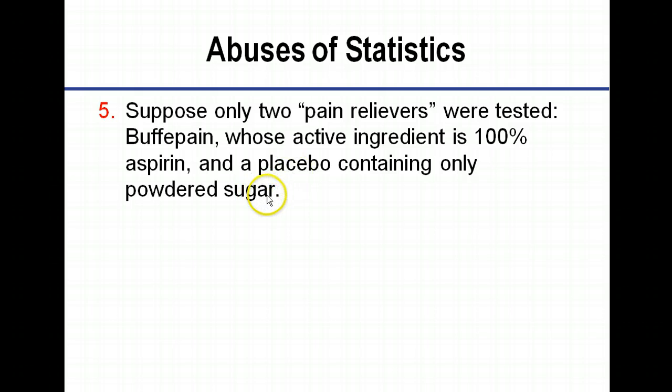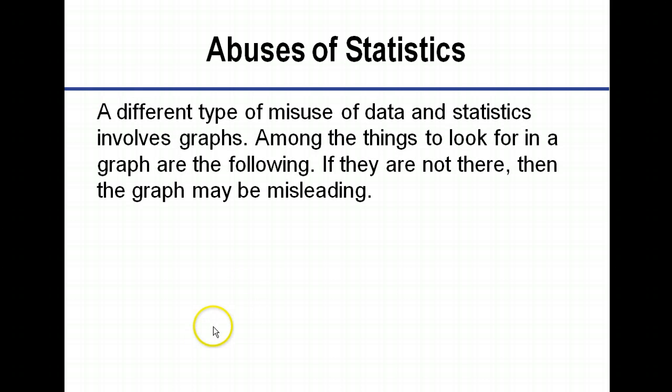It doesn't have any pain reliever in it. So this is a skewed experiment in which you're going to get, for sure, the response that Buffepain does a better job, because there isn't any pain reliever in the other supposed pain reliever.